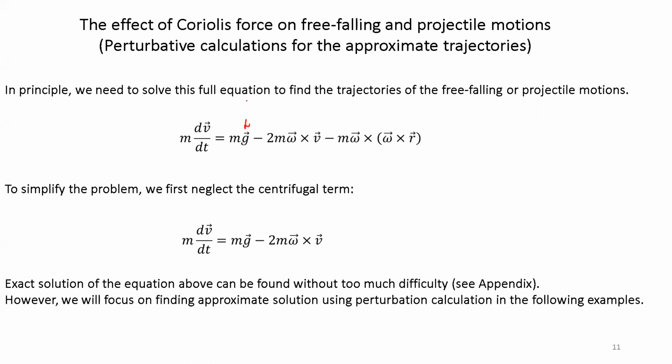It's hidden in this, and clearly this term is much bigger than this term anyway. This is the capital R, the distance between the Earth center and the Earth surface, and on the other hand, this is just a small r, very small.